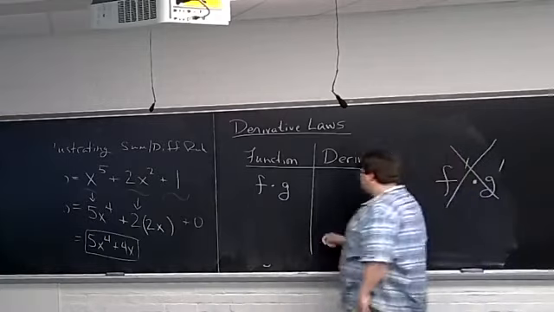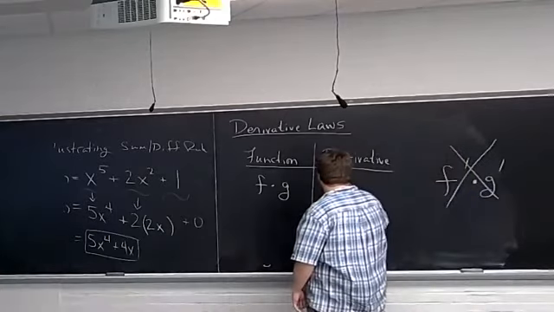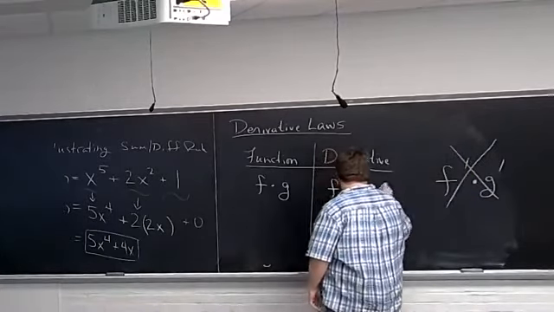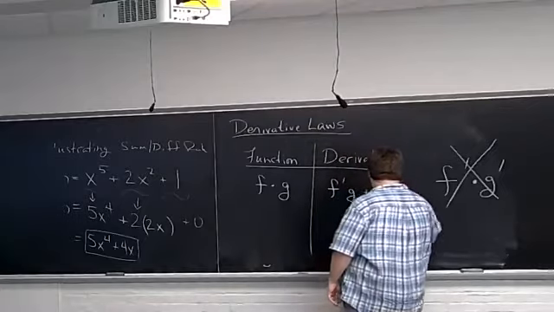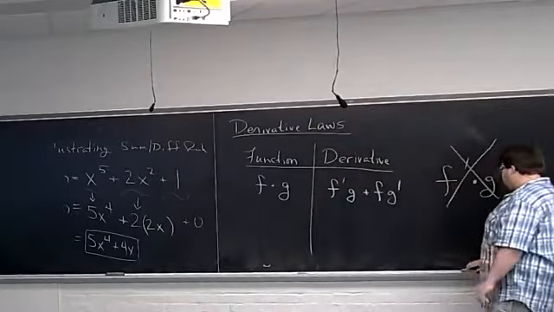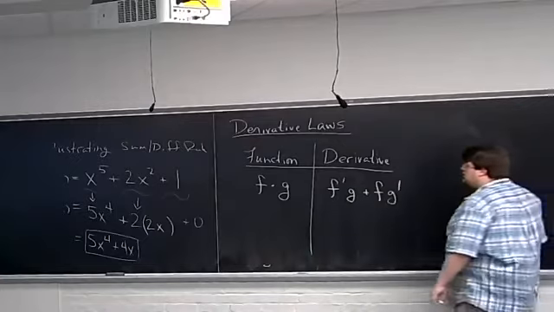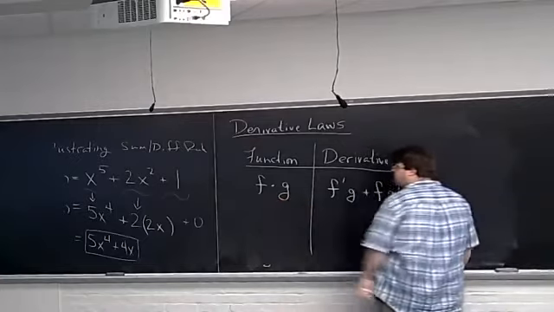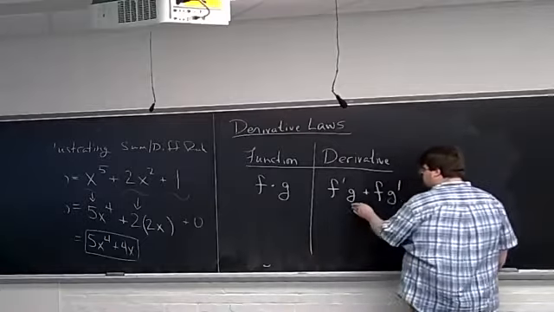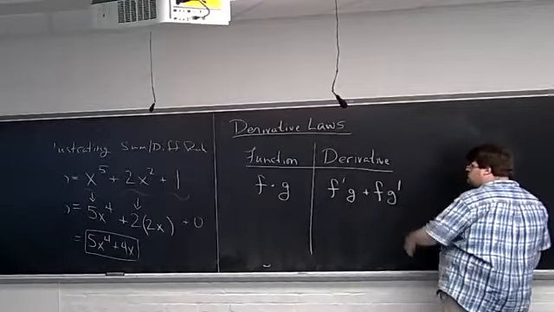What you have to do is follow this structure. The derivative of a product will have 2 pieces. Derivative of f times g: f prime times g, plus f times g prime.